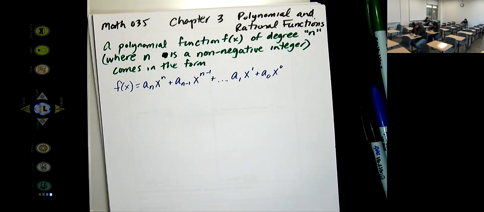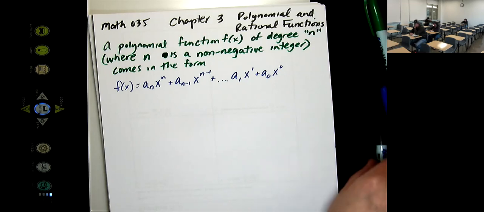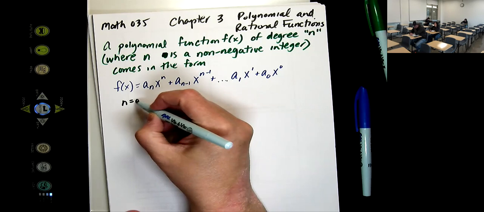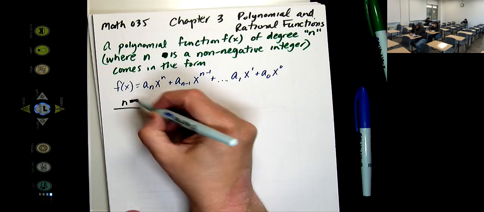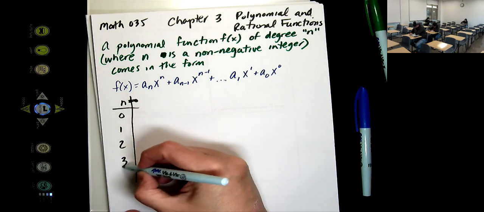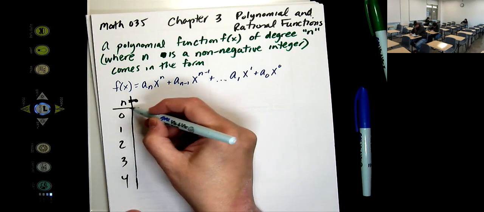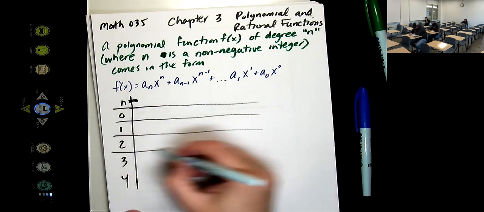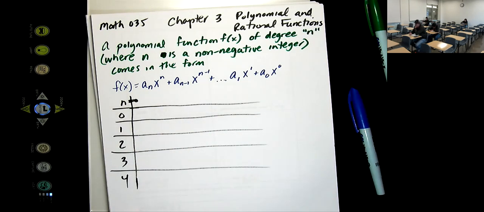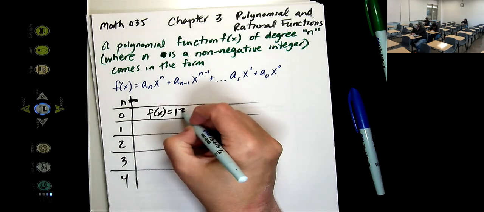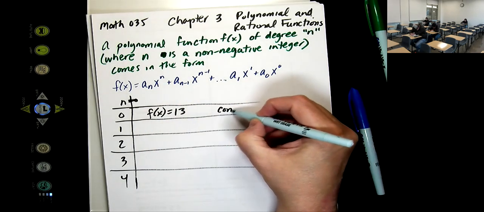So some examples of different powers. Just something simple like a number. This is a constant function.